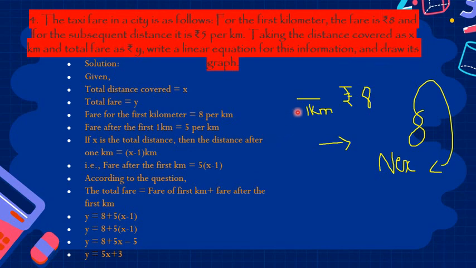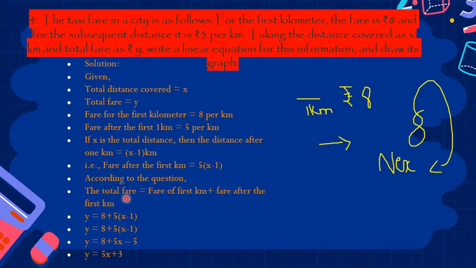So the fare after the first kilometer is 5 into (x minus 1), since for every kilometer after the first, rupees 5 will be charged.